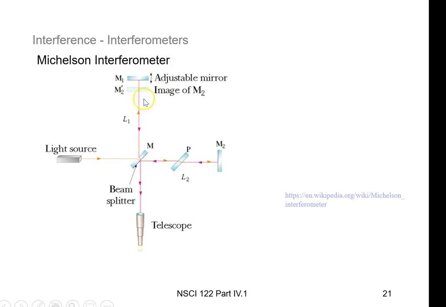It has a mirror on a little stage on a motor, and it moves that mirror a known amount and counts those bright, dark fringe shifts with an optical detector and can determine the wavelength of the source to a high degree of precision. Another thing that you can do is, if you know the wavelength of the source, you can move the mirror and count those fringe shifts and figure out how far you've moved the mirror.